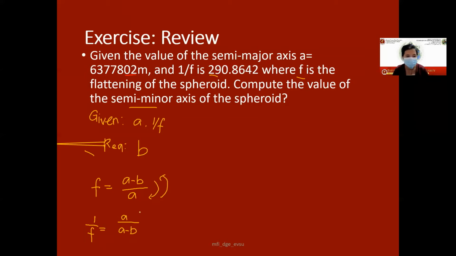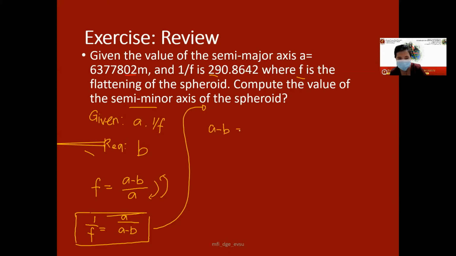In this formula, we already have the value of A and of F, and we don't have the value of B since it's the required one. So we can cross multiply this. Then A minus B is equal to A times the value of F, right?